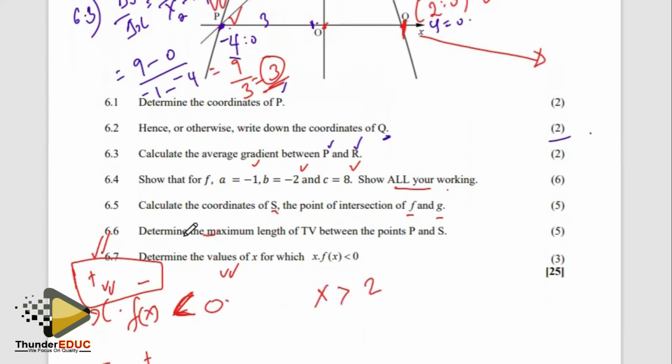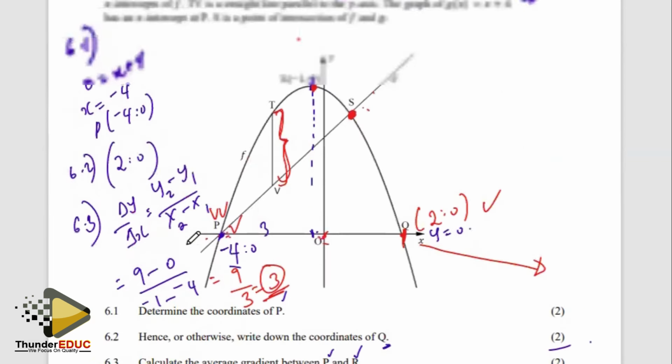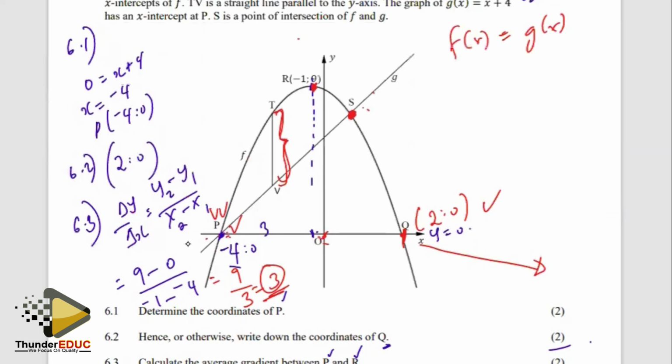Then on the negative side, now I'm focusing on the negative. Where do I find on the negative x where the graph of f is above? It's above between negative 4 and 0 itself. The graph is still above the x-axis.